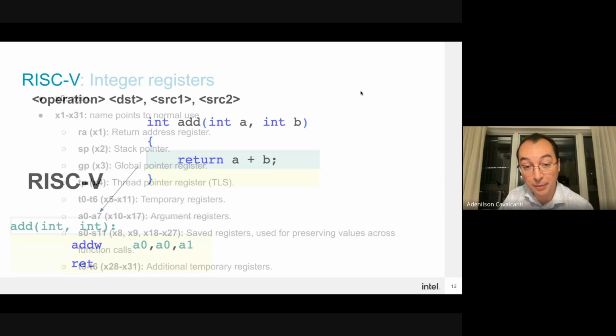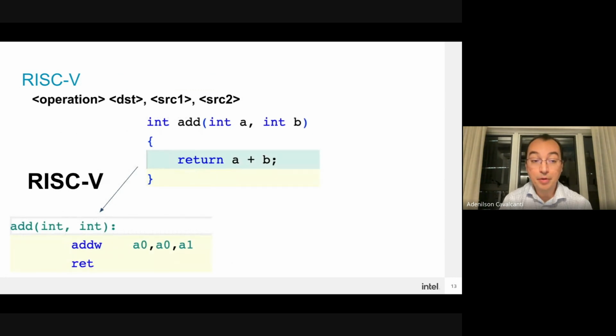So here is an example. As a typical RISC ISA, you have an operation followed by a destination register and different arguments. So if we look at the assembly generated for a simple add function in C with two arguments, we will have the assembly generated by Clang as addw a0, a0, a1, right?